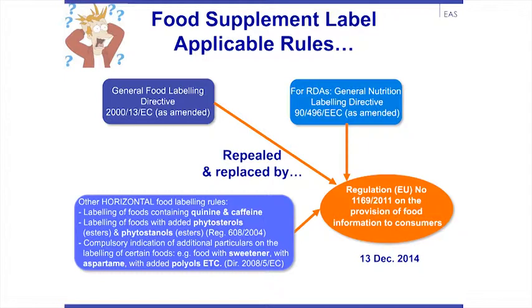So this is the new food labeling regulation where you can find all the key principles for the labeling of foods in general. And I put the date underneath. It will become applicable in December 2014. So you see, we are still in a transition period, let's say.